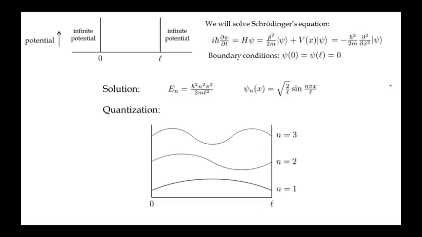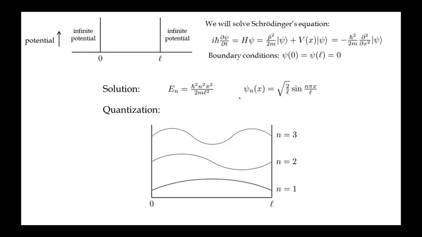And if you plot it out, then when you have n equal to 1, you have sine of pi x over L, which goes like this. It starts at 0, etc. When n equal to 2, you get a full cycle of the sine wave. When n equal to 3, you get 3/2 of a cycle, and so on. And so our wave function is quantized, right?